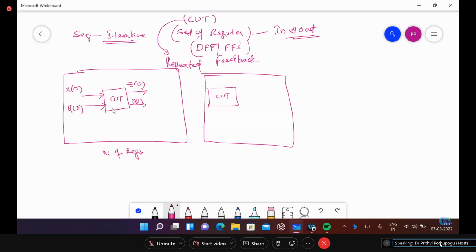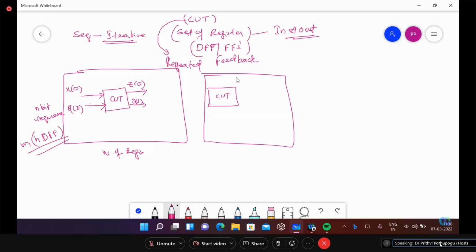See here, if I have an n-bit sequence, I need n D flip-flops. If I take these n D flip-flops separately for each segment, with M stages I need M times n D flip-flops, if each stage is isolated.